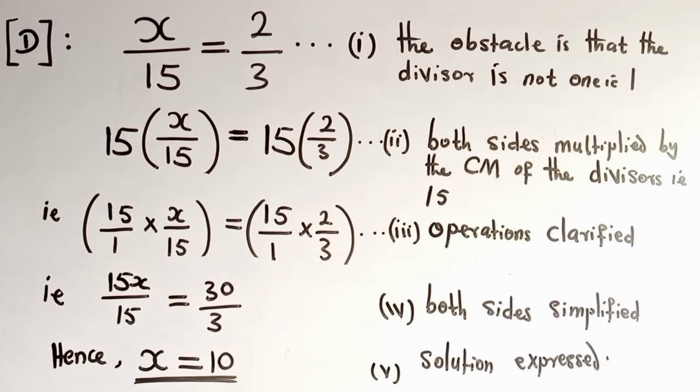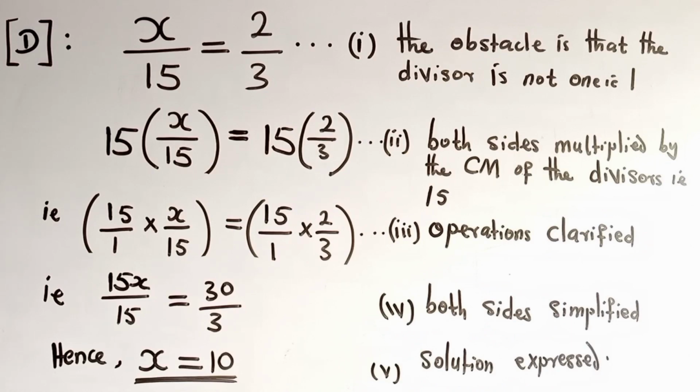What cases are those in which you shouldn't apply cross multiplication? It is cases of algebraic equations in which we have more than one divisor on either side of the equation. Here we have 15 alone as the divisor on the left-hand side and 3 alone as the divisor on the right-hand side.